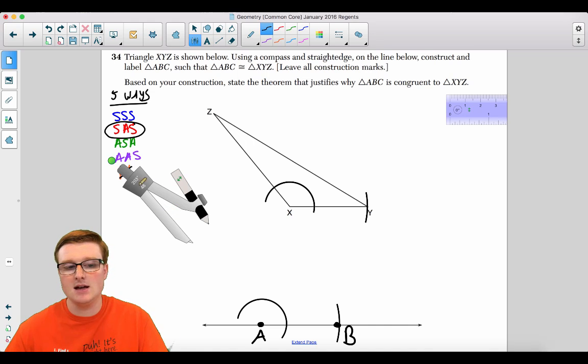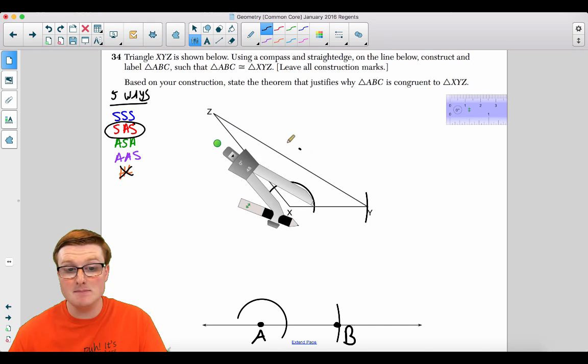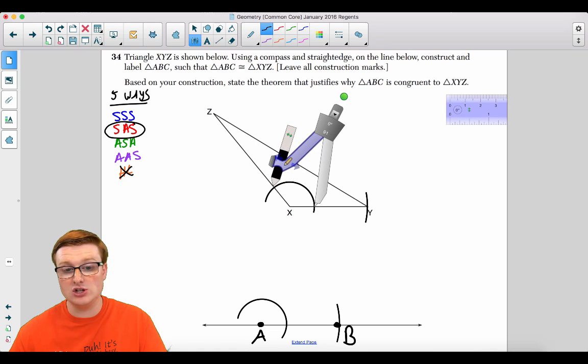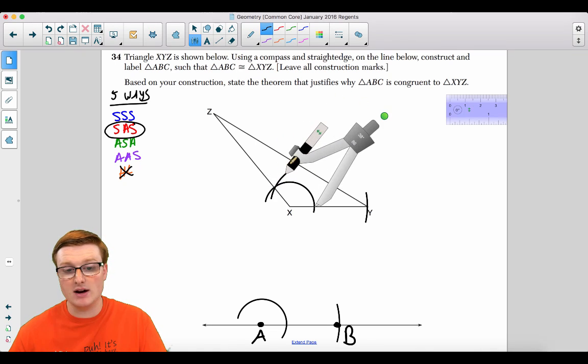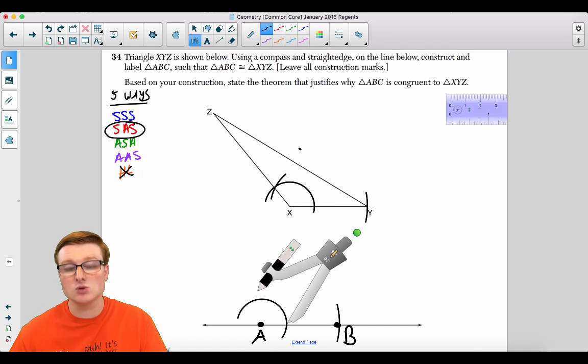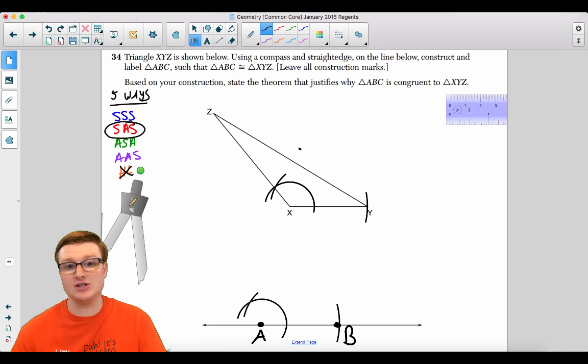We almost copied it, but now we have to place our compass point on the point of intersection on the bottom and actually measure the angle using the arm of the compass. So we do need to change this, and this right there is my other tick mark that represents the actual angle measure. So that's where I'm going to copy it down below. And as you can see, those are your two intersection points.